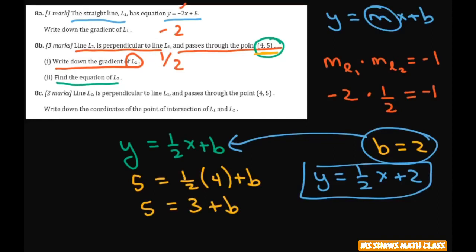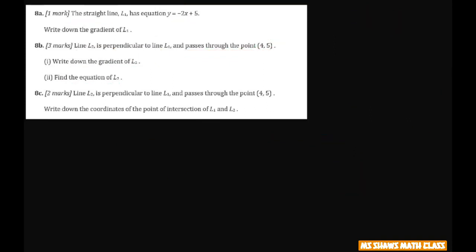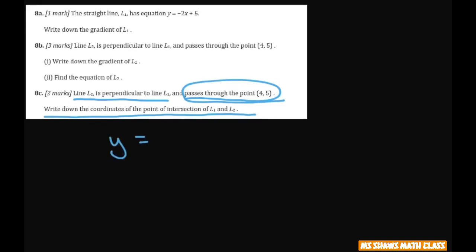It says line 2 is perpendicular to line 1, and it passes through this point. We already know that. Write down the coordinates of the point of intersection. So this is line 1, y equals -2x plus 5.